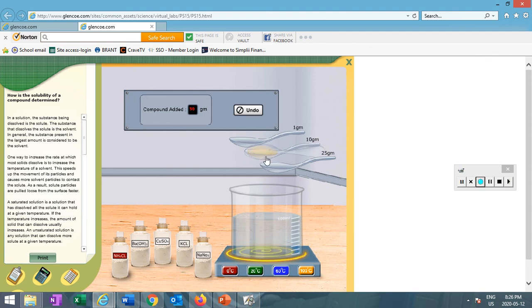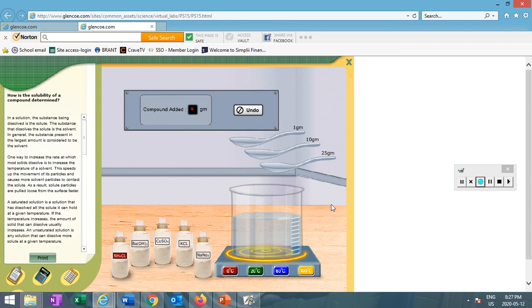Quite a bit of an increase here already. Okay, so that's 56 grams.